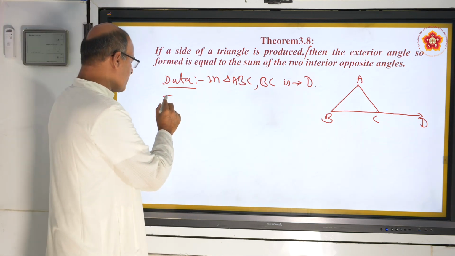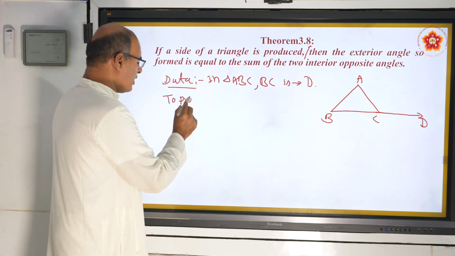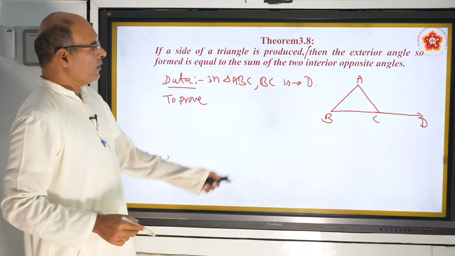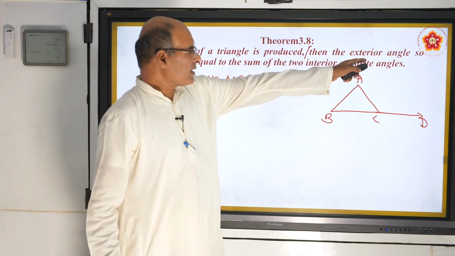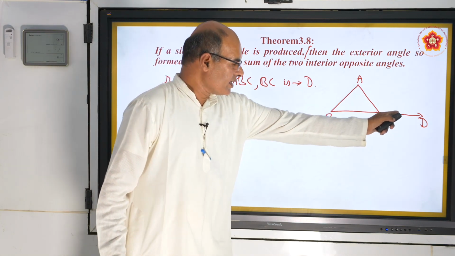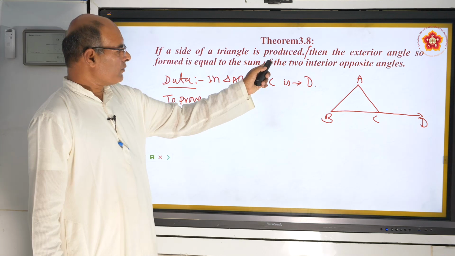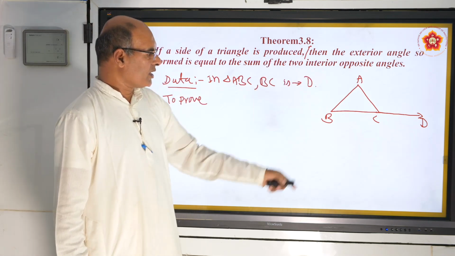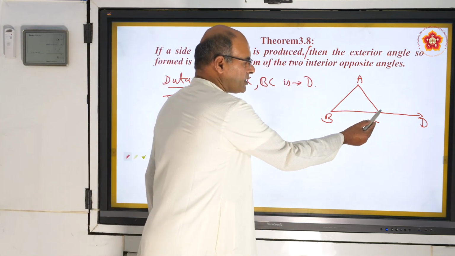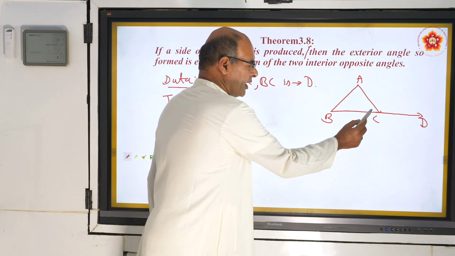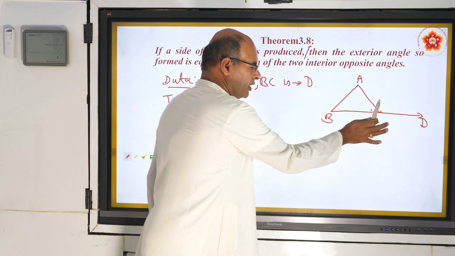Then to prove, that is the conclusion part. What we have to prove here? The exterior angle so formed, here angle ACD is the exterior angle, that is equal to the sum of the two interior opposite angles. For this exterior angle, this is just an interior angle. So leave it.